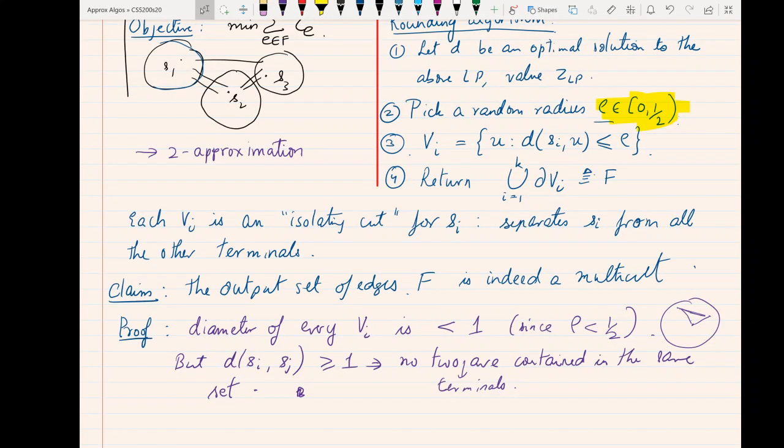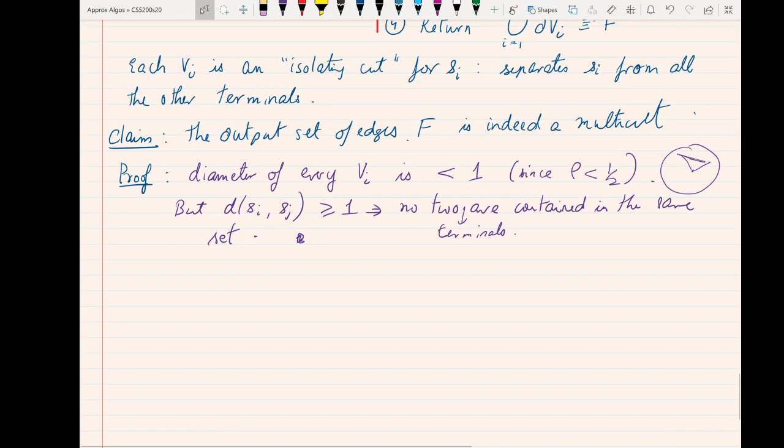Now a small observation to keep in mind in this regard is that if you pick a single vertex u, it cannot lie in two of these Vis. Okay, the reason is the following. Well, what does the solution look like? You have these points separated by some distances given by the LP.